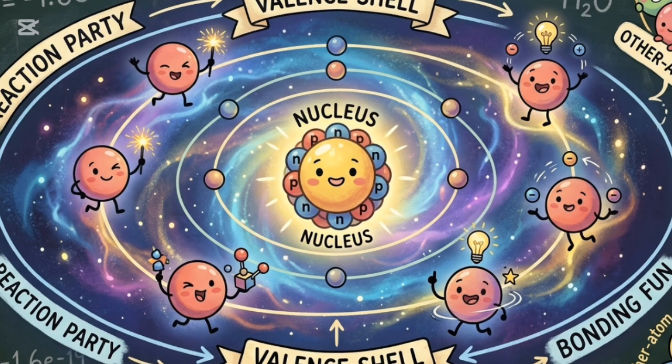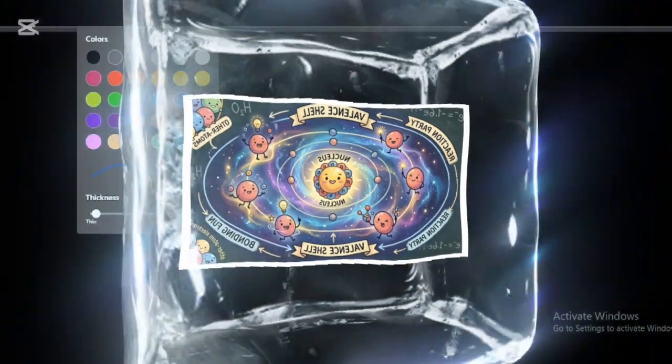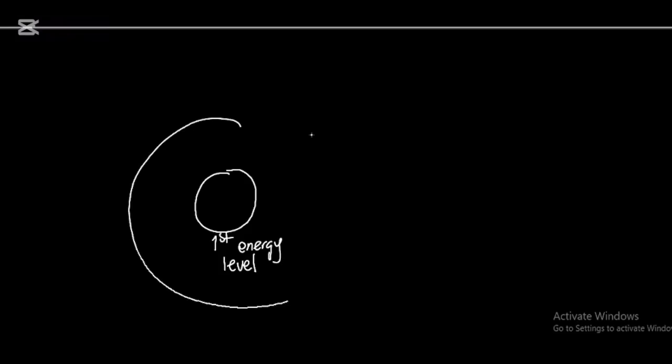So I want us to talk about something else now. The energy levels. So we have what you call the first energy level. This is the first energy level. And then the second energy level.